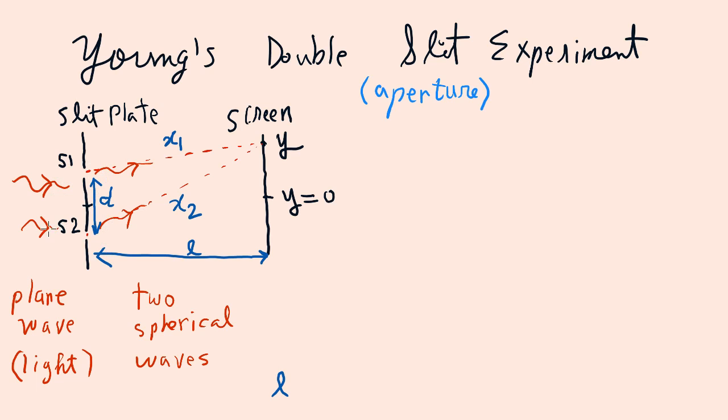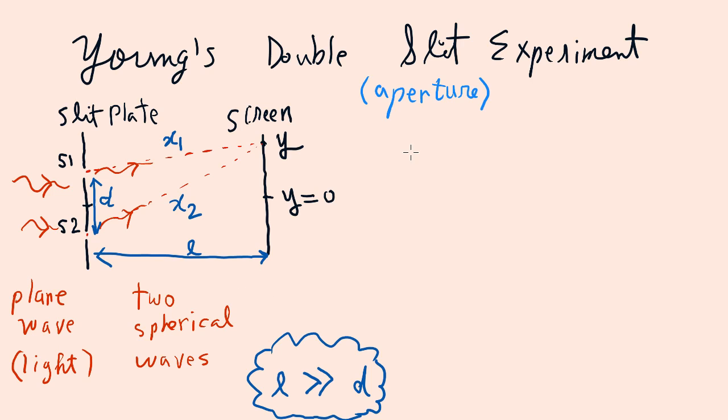In this case, the size of the object that scatters light is actually D, because the other part of the slit plate doesn't do anything as far as this scattering experiment is concerned. So the single most important assumption to keep in mind is L is much greater than D. Okay, so that sets up all the coordinates we need to remember to describe this scattering experiment mathematically.